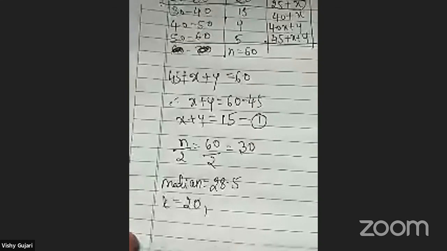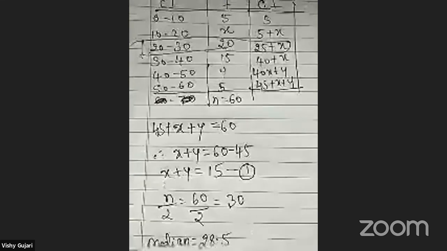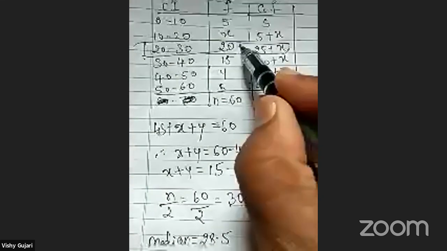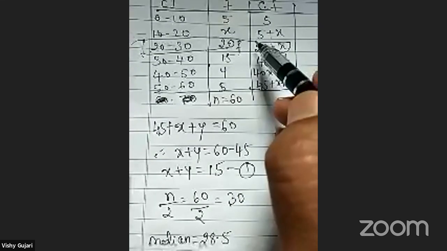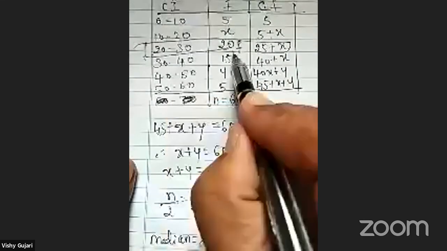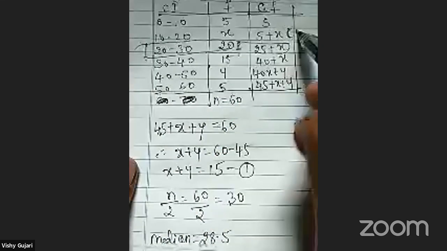That means L will become 20. In the previous problem, we have made a mistake. We have taken this value as F, but this is F. Remember, we will change that. The first one will come back for the calculation again. Frequency of the median class interval is F. This 5 plus x will become CF.